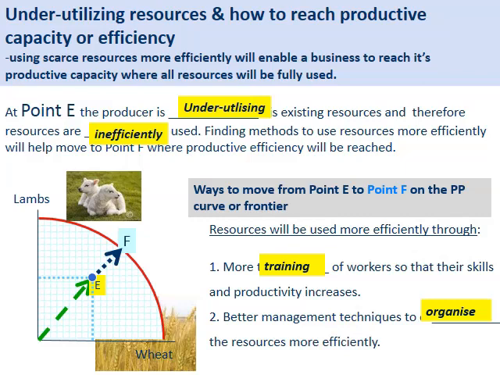So basically, the key idea from moving from E to F is that at E you've got unemployed resources. As those resources are employed, as they're utilised, then you'll move towards productive efficiency where all resources will be fully used.